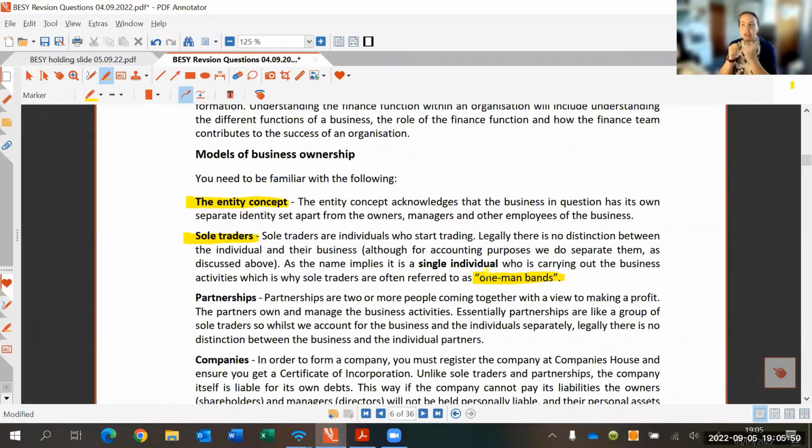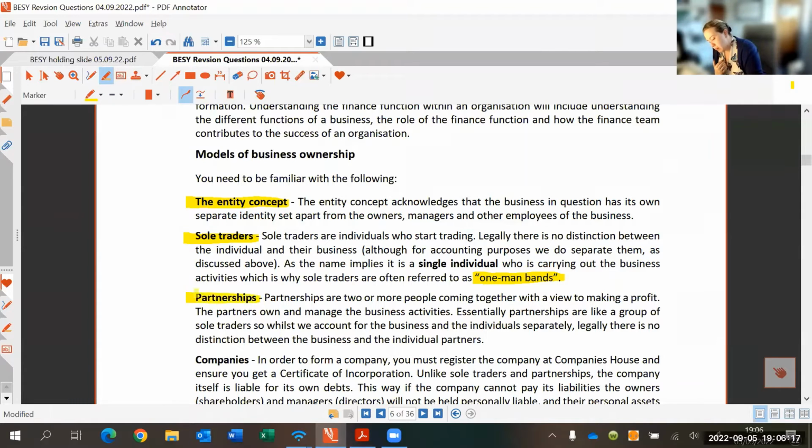The individual and the business fit together. So they will be personally liable for any business debts. They may have to sell personal assets in the worst case scenario to be able to pay business debts. There's no separation with the sole trading, and they are taxed differently as well. That's what you need to know at this level.